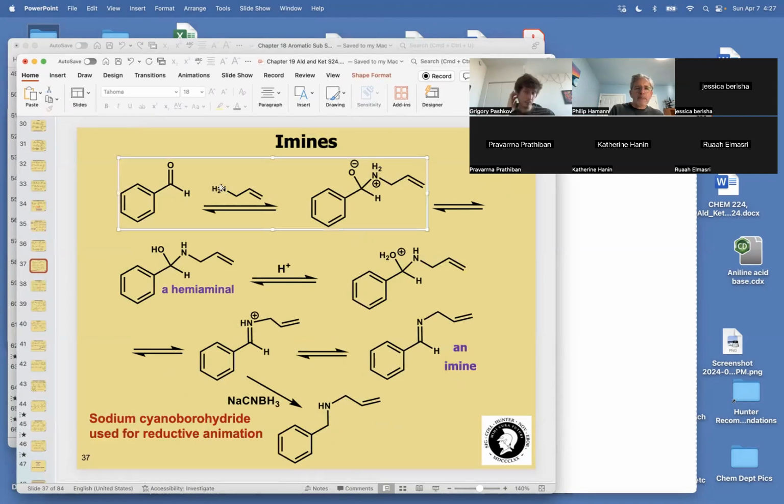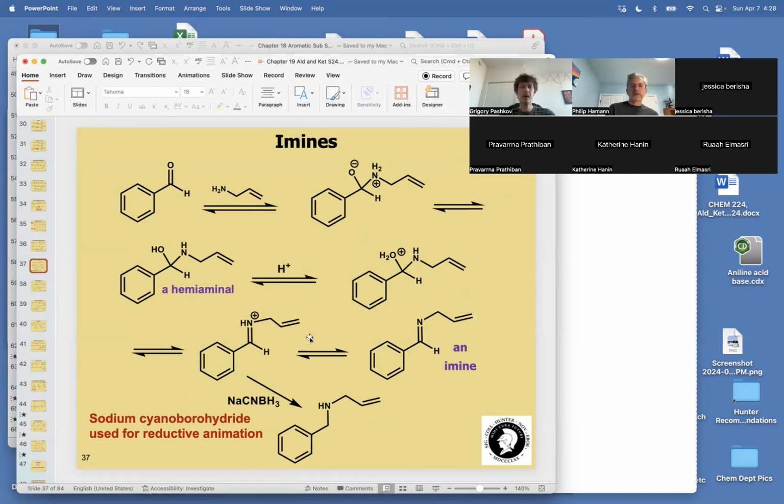So this is going to make the imine, right? You react carbonyl compounds, aldehydes and ketones, with amines, and you can make imines. This is showing the step-by-step procedure. Again, for formalin or formaldehyde, you'd simply have 2 H's here, you wouldn't have the phenyl group, okay?